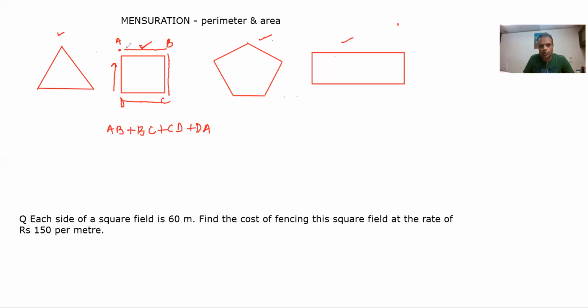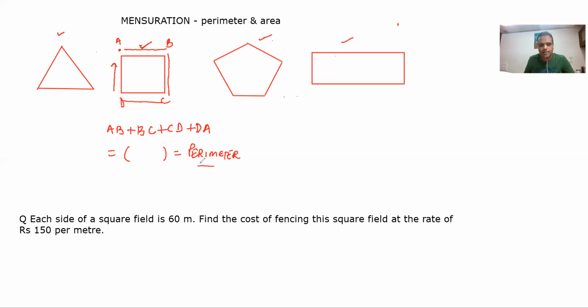So you get the total distance traveled around this playground, and the total is called perimeter. And this is what we have to study in this entire chapter.